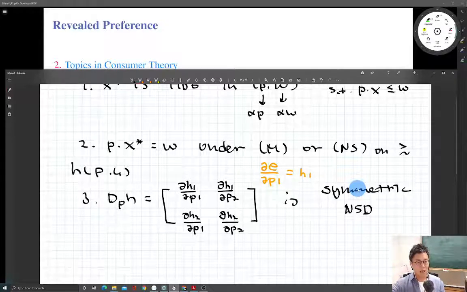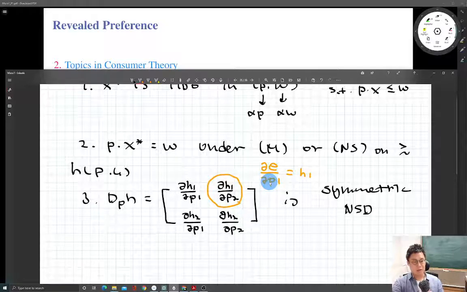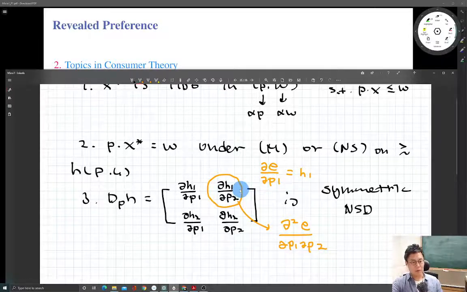So each entry in this Slutsky matrix can be regarded as a second order derivative of the expenditure function with respect to price. For example, this entry can be written as the second order derivative of the expenditure function with respect to P1 and P2.